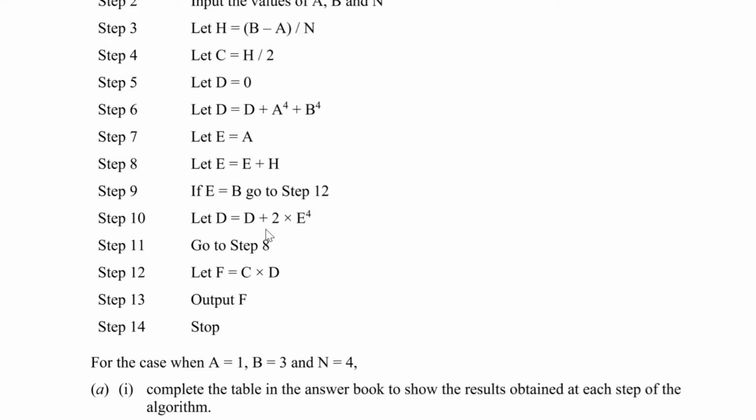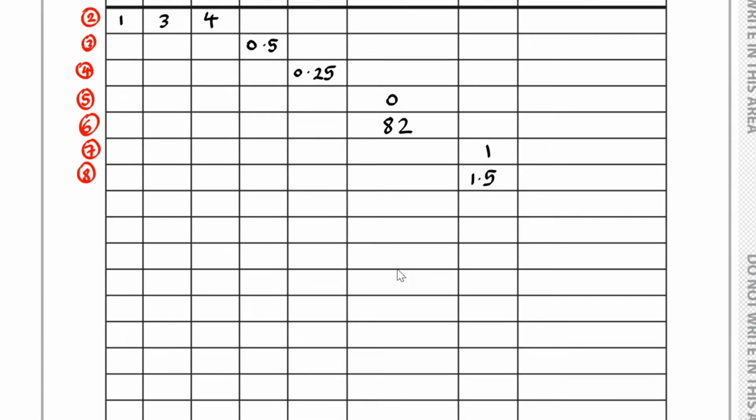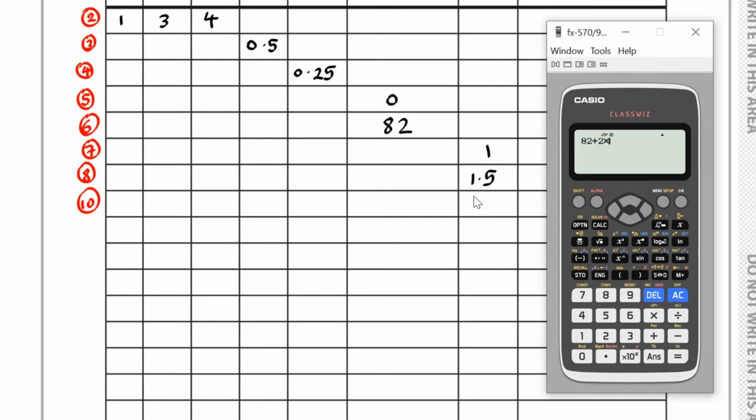We have to let d equal d plus 2 times e to the 4. That is d equals d plus 2 times e to the 4, so we have 82 plus 2 times e to the 4.